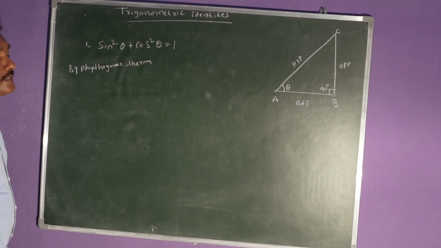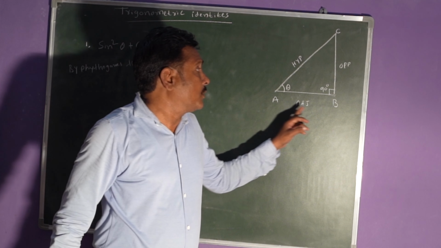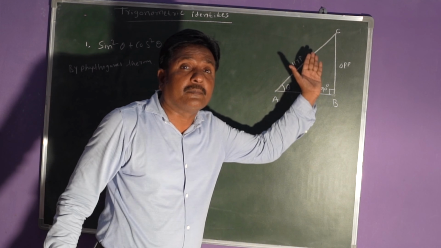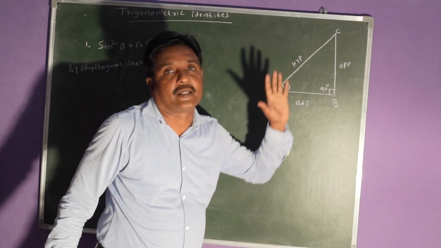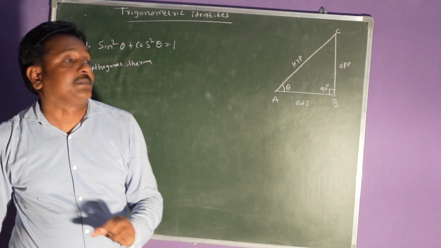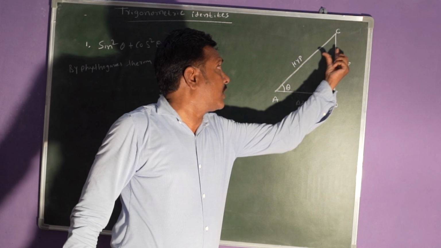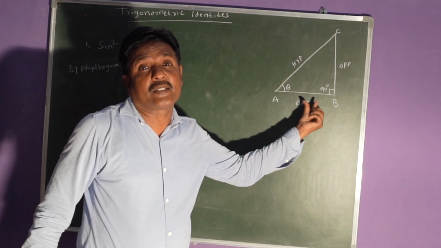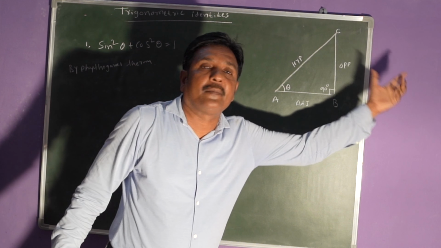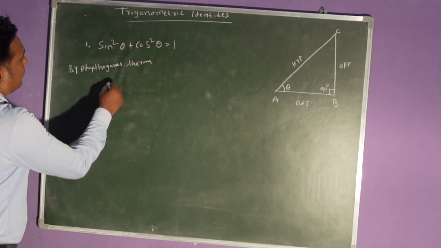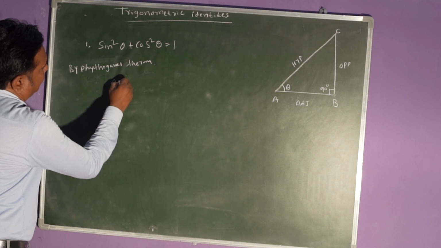What is the Pythagoras theorem? The sum of the squares of the two sides is equal to the hypotenuse square.